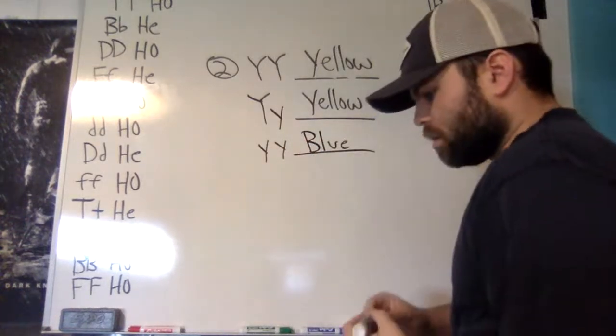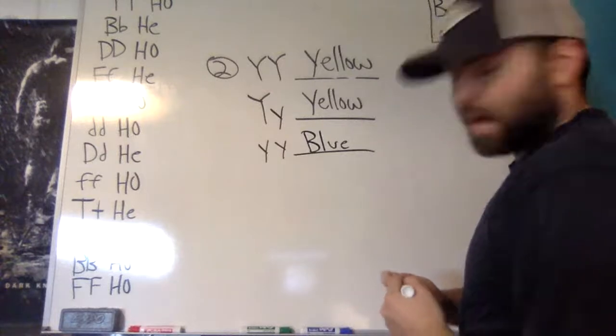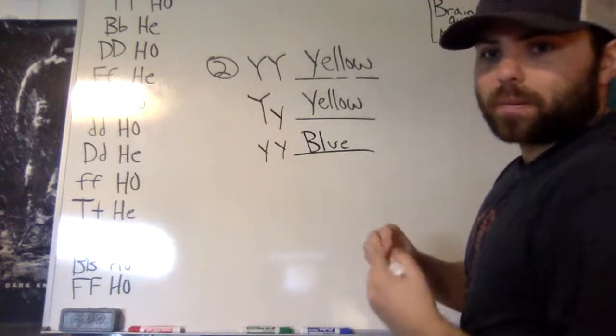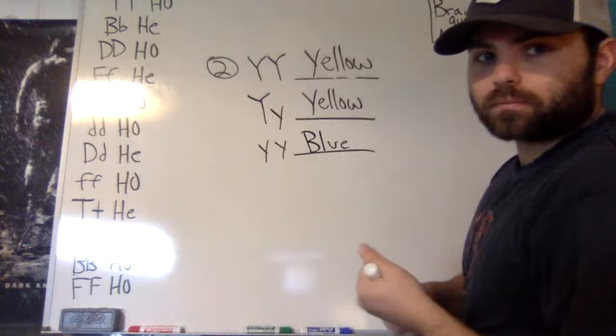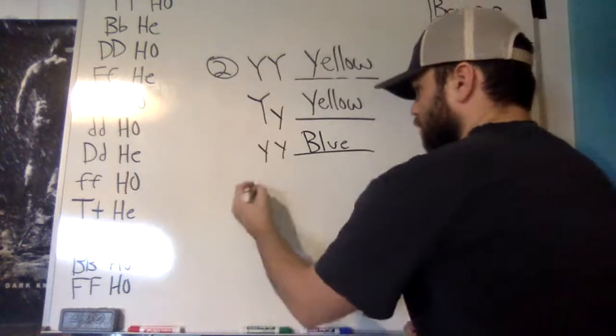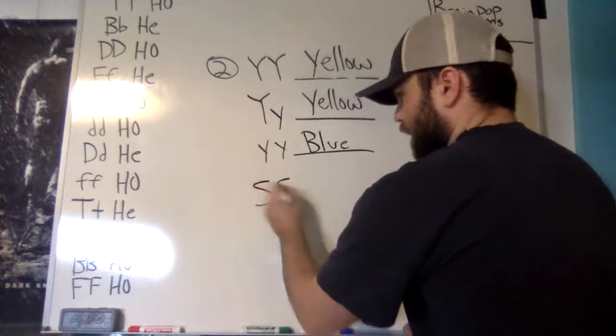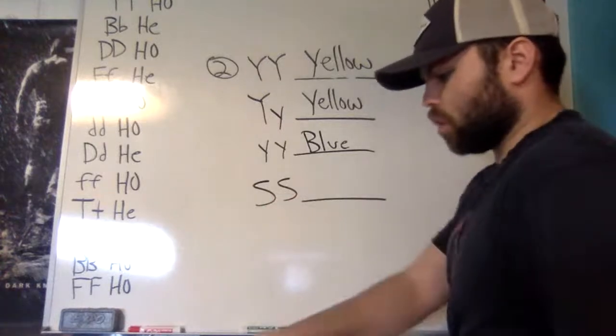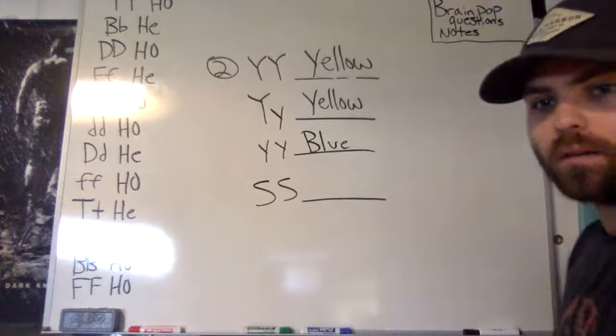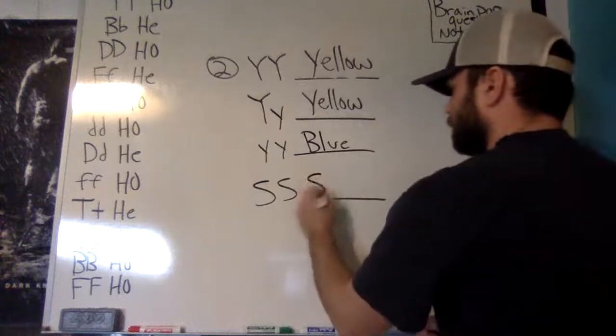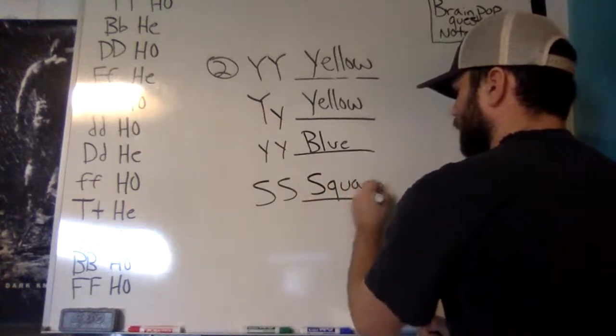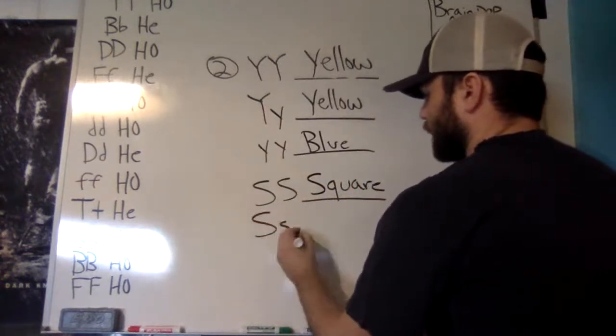Okay, now it says square shape is dominant to round. So square is your dominant shape. Now you have SS, so you're going to be square. Now you have capital S, lowercase s.